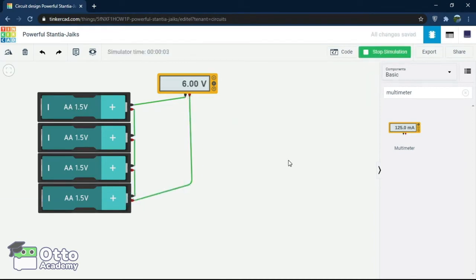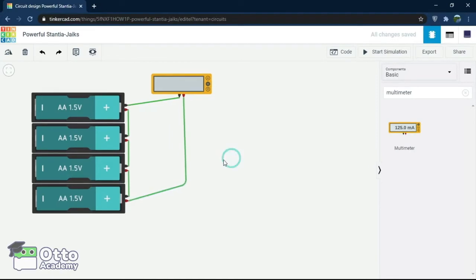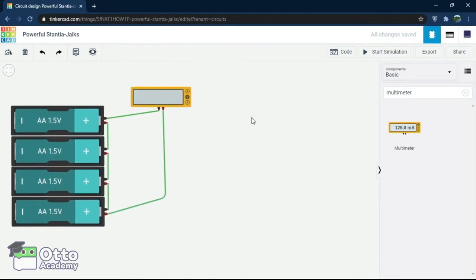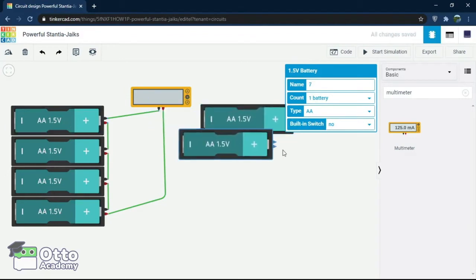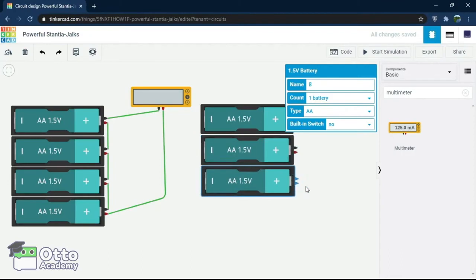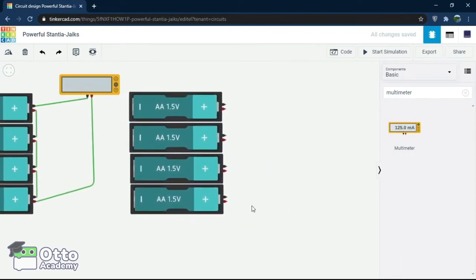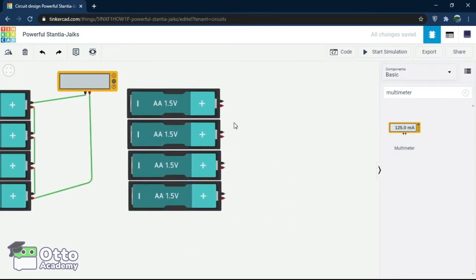Instead of connecting them in a series, what would happen to the voltage if we connected them in parallel? Let's find out by copying 4 more batteries in parallel. To make the connection in parallel, we unite all the positives and we unite all the negatives.